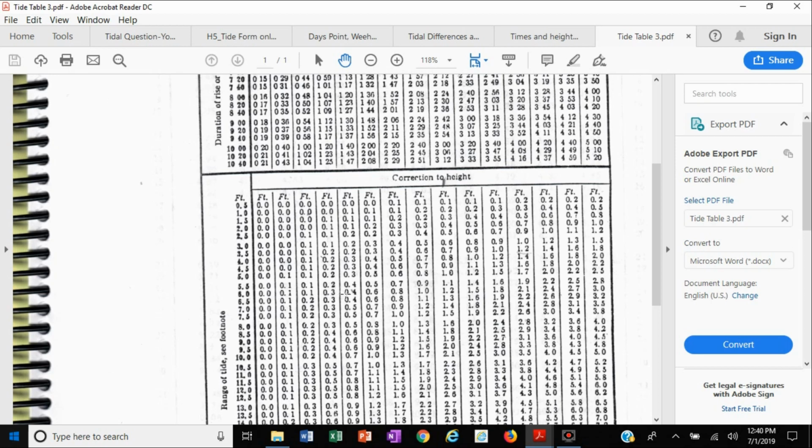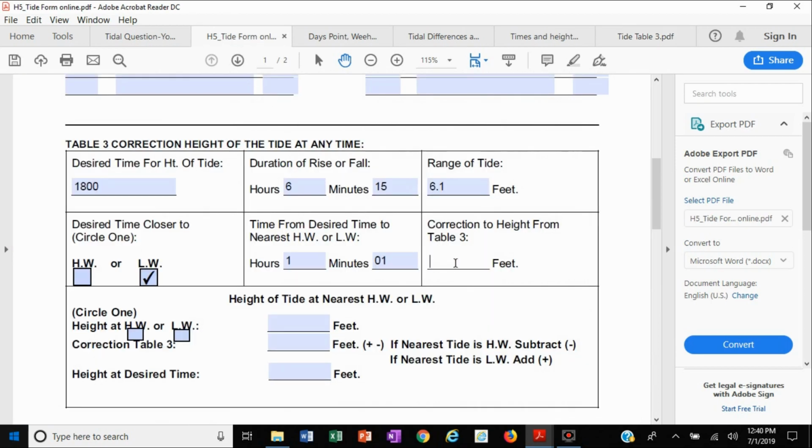So we come over here to that same one in that same column and we see 0.4. That is the one we need to plug into our tide form right here where it says 0.4. Okay, that's where you need to plug that in. So 0.4 is our correction to height from table 3.